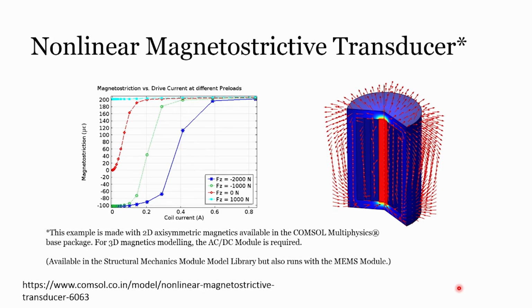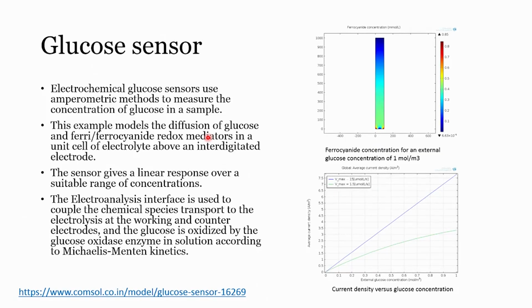Those humming noises can also be modeled in COMSOL using the magnetostrictive material models that are available, and you can try to understand if you give different coil currents, how much the magnetostrictive material, based upon some material parameters, is changing, right. So you can model such kind of applications also.